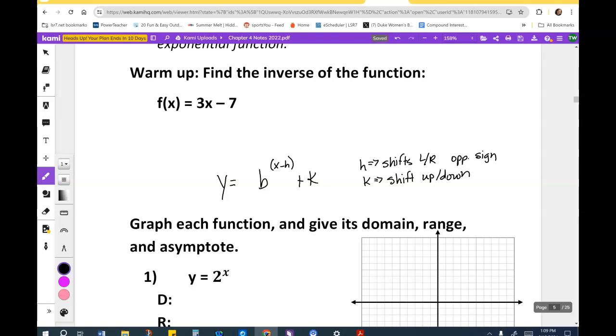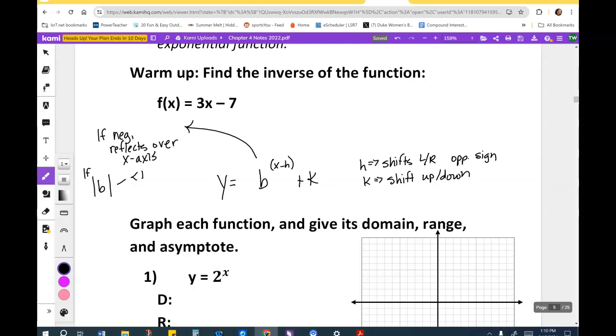On b, if it's negative, it reflects over the x-axis. Okay, and then look at the number in front, the absolute value of it. So you're not looking at whether it's negative or positive, you're just looking at the number.